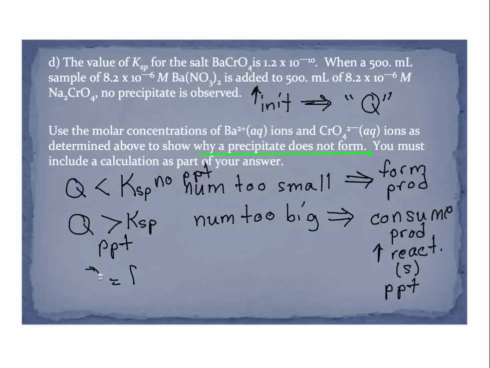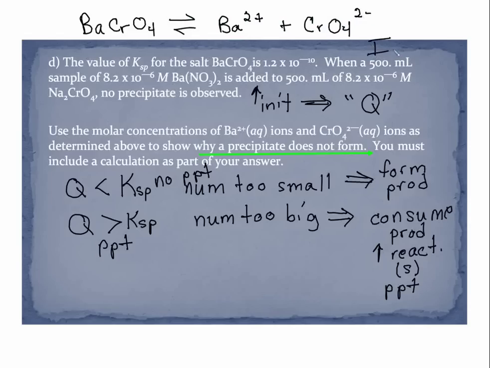So Q, let me go back because I realized we never really wrote the reaction for this one. So let's go ahead and write that. Here's our insoluble salt, BaCrO4. It's going to go into its constituent ions. I'm given initial conditions, so that's my reaction.